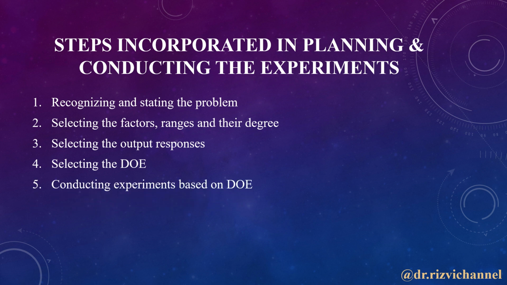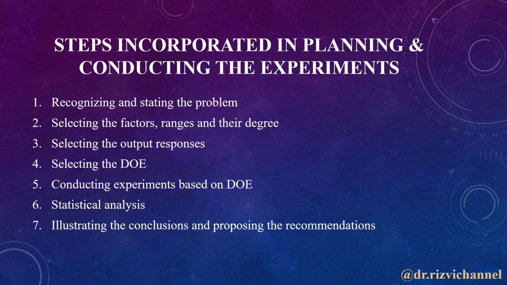And then we conduct our experiment on the basis of DOE, and we finally statistically analyze the data that we have obtained after experiments, and then we conclude and propose recommendations on the statistical data that we have achieved. So these are the basic 7 steps that are incorporated while planning and conducting the experiment, before the research, during the research and in concluding the research.